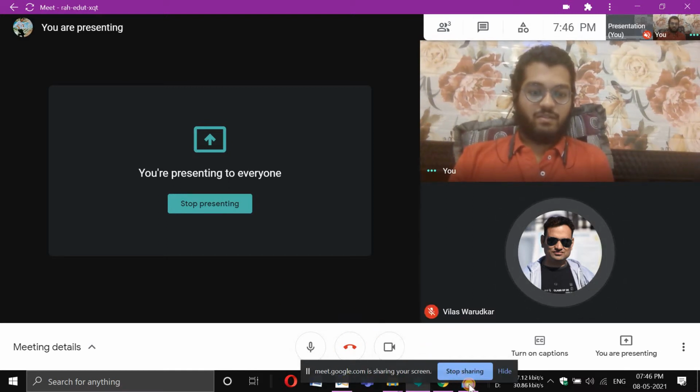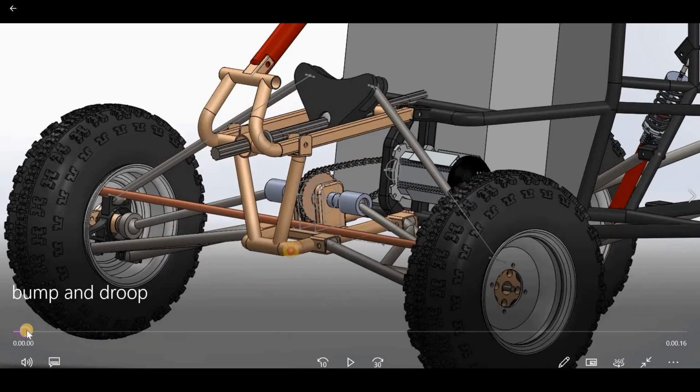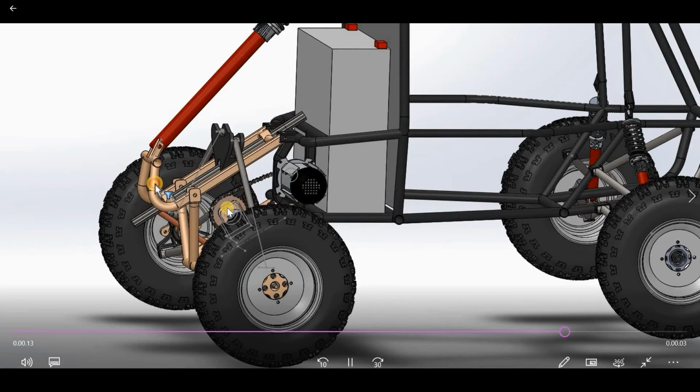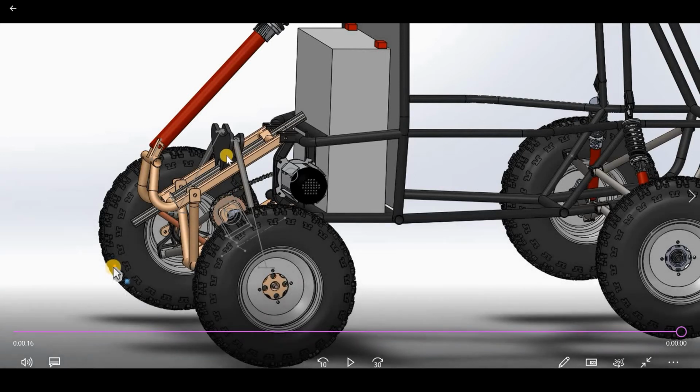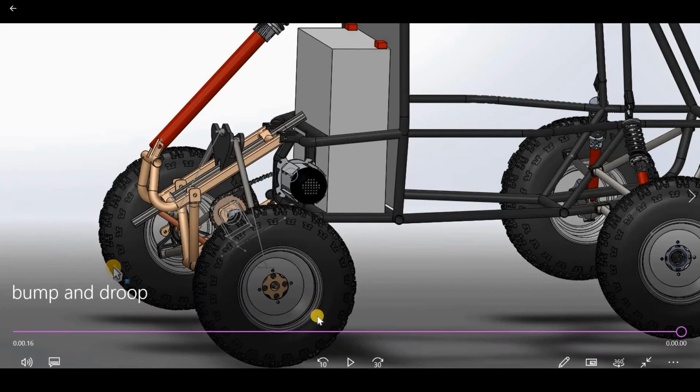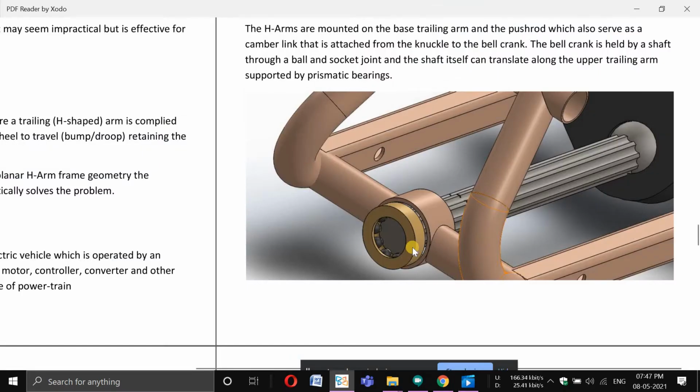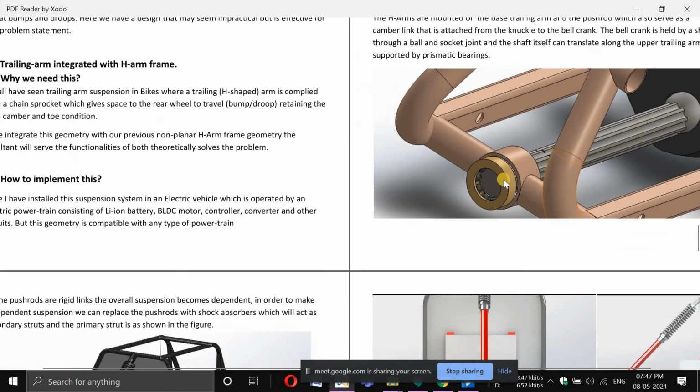Yes, sir. So this was the case here, ball and socket joint, because the angle made by the shaft is also continuously changing. So we cannot rigidly mount the bell crank on the shaft. So this was the prismatic bearing concept.